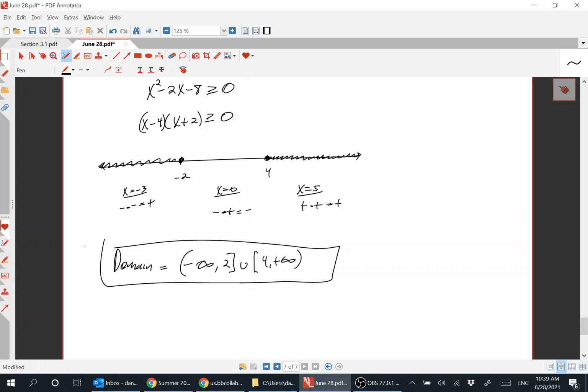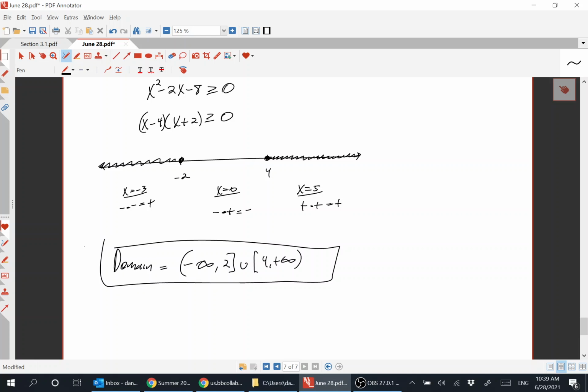Maybe something else from 1.7. Of course, let's see. All right, what do you want to see in 1.7? One, or I guess 42. 42.